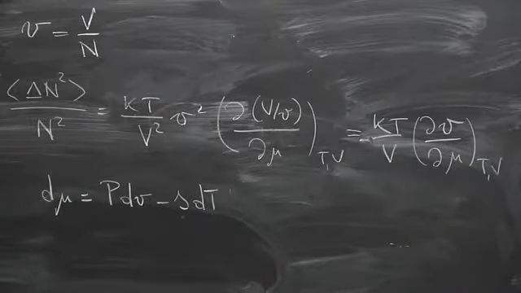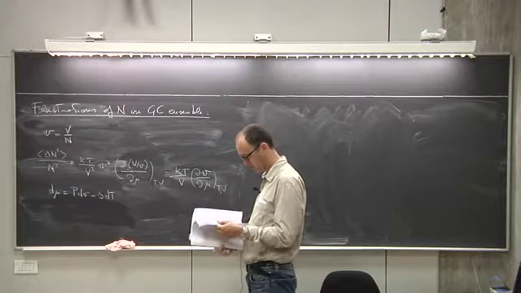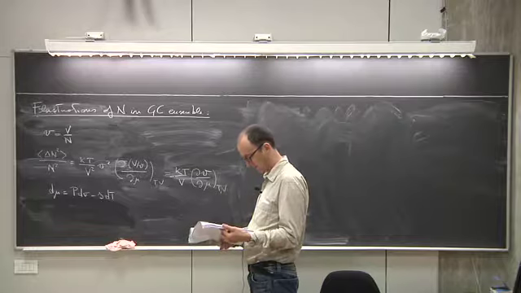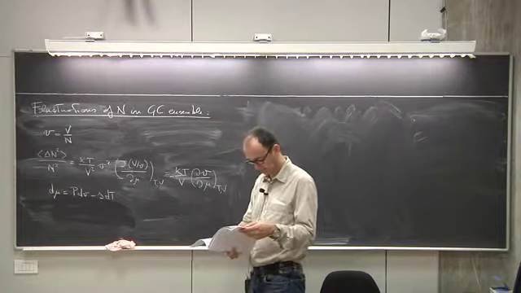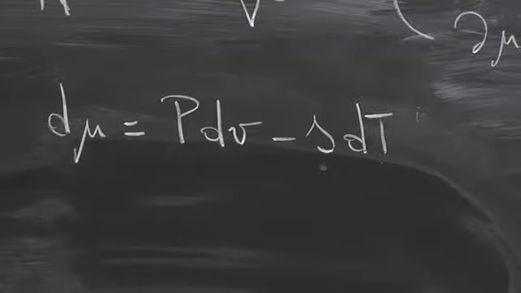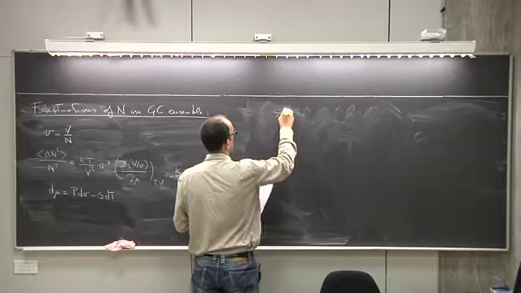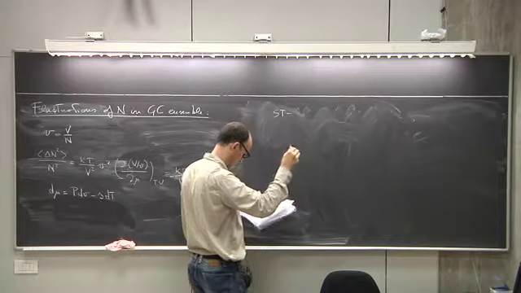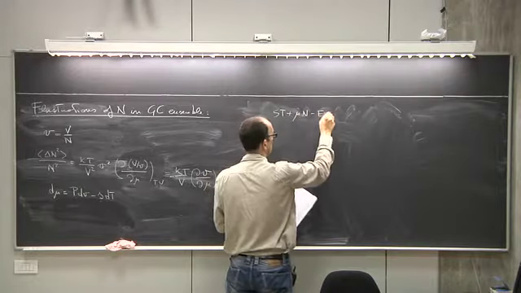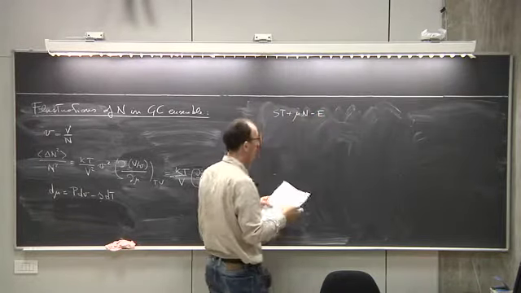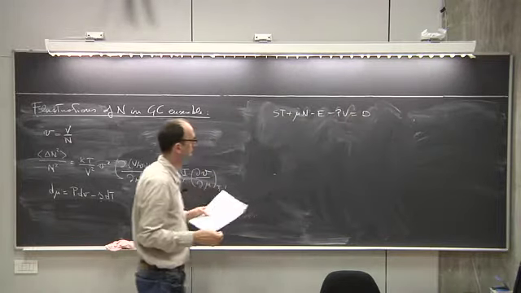you have a general relation in thermodynamics which you derive from the extensivity of the entropy, which tells you that TS plus mu n minus E minus PV is equal to 0. Okay?